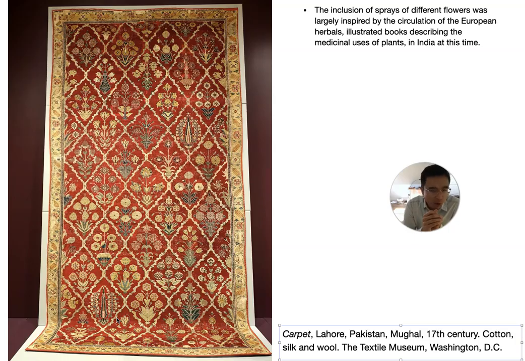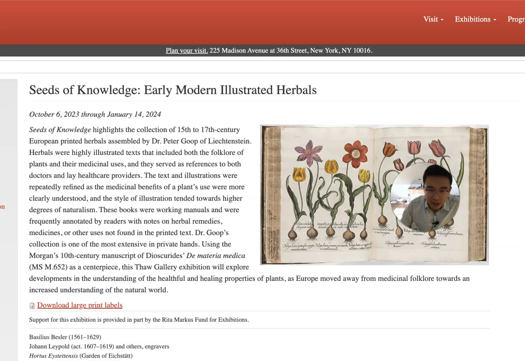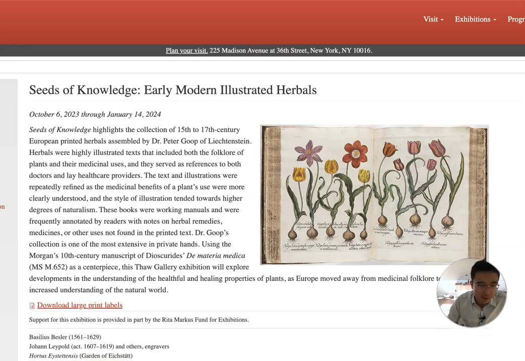What's with the floral patterning, the floral representation on this carpet? Well, for that, I want to bring your attention to another cross-cultural connection. That is actually a trend that's going on in Europe, and the Mughal Empire adopted that illustrated depiction of plants.